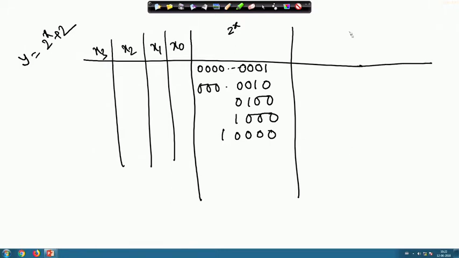Now, what I need to do is 2 to the power x plus 2. If I want to design 2 to the power x plus 2, at that time, if I just add 2 to it, what will it be?